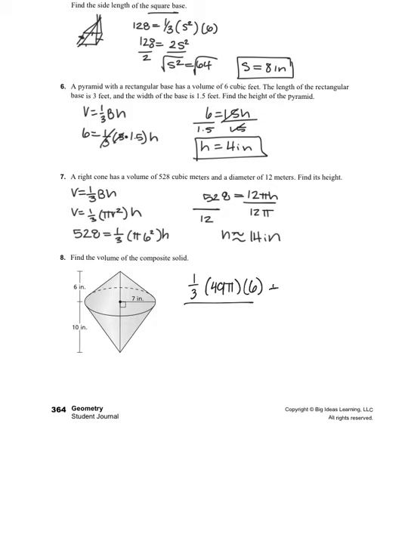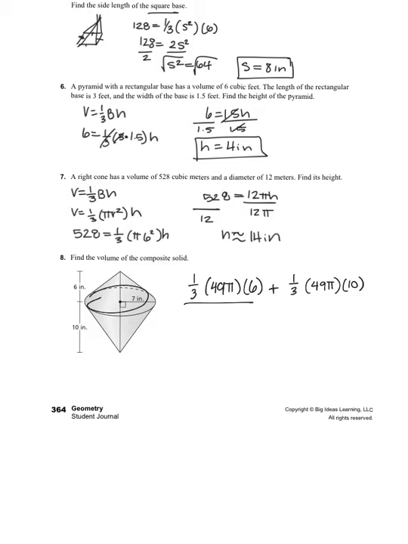Now I would have to add that to the volume of my second cone. So again, it's going to be 1/3 times the base, which we have already found is going to be 49 pi, since they share that same base, right? And then times the height of the bottom cone. The height of the bottom cone is 10. So this is what I'll be putting in the calculator.